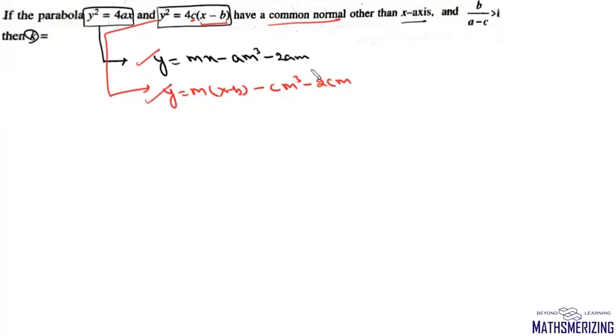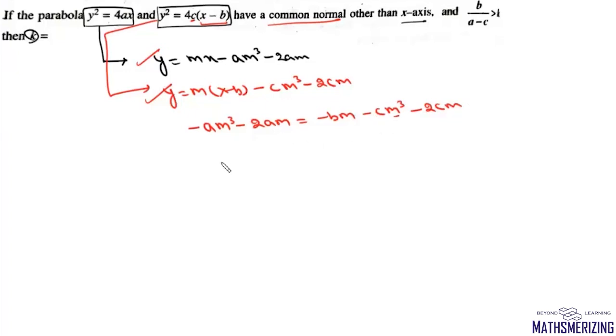So if we compare the constant terms, we'll write minus am cube minus 2am is equal to minus bm minus cm cube minus 2cm. Now what we'll do is we'll take these terms of m cube together and we'll take terms of m together.